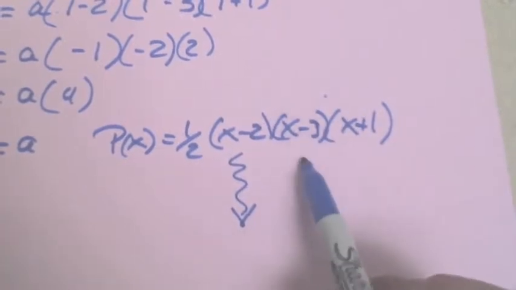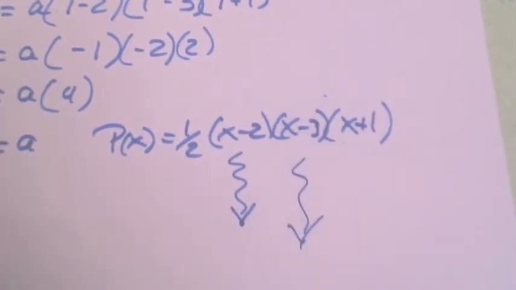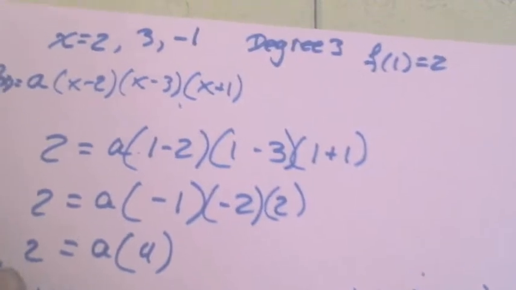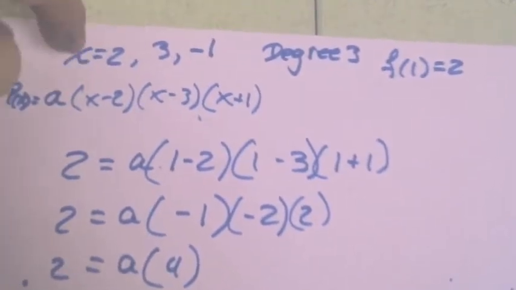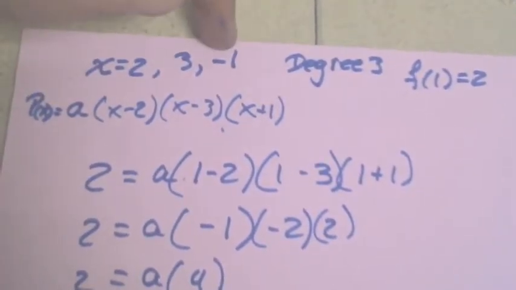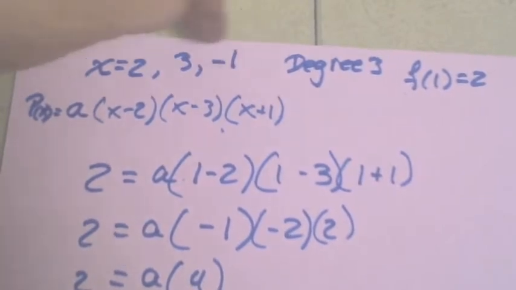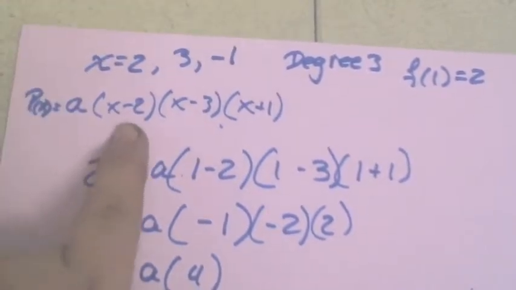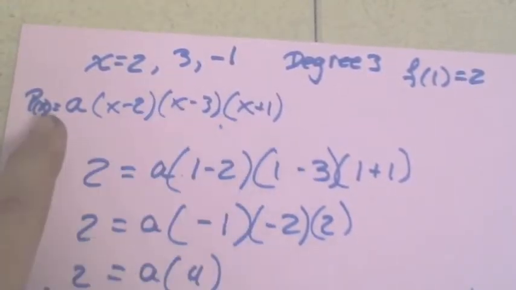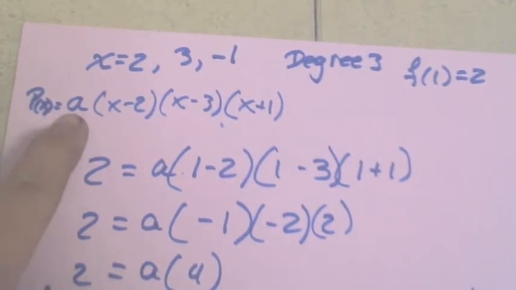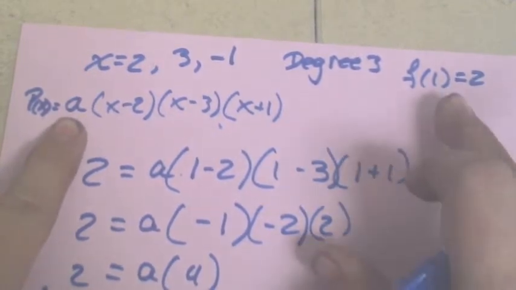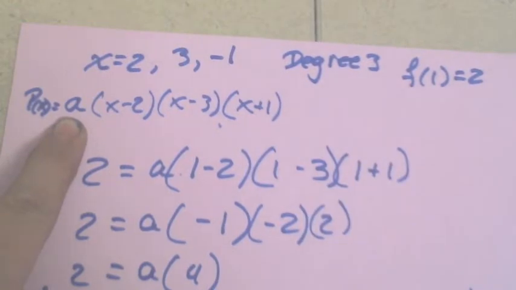But I'm assuming you can do that. The key to this problem is the same as the last one, to recognize that these x-intercepts, or these roots, or these zeros, represent those factors, and then making sure we have the lead coefficient, the a, that's going to make the given point work.